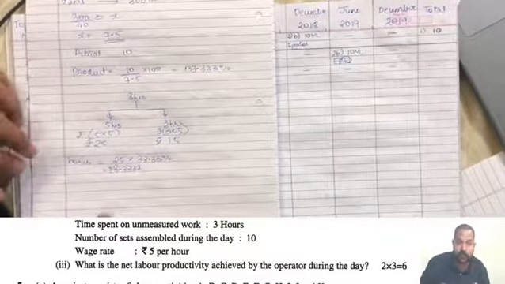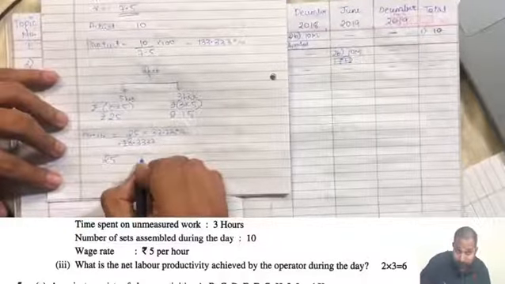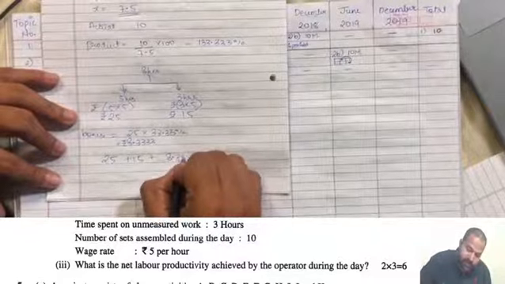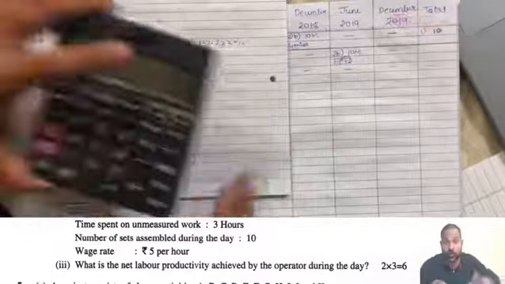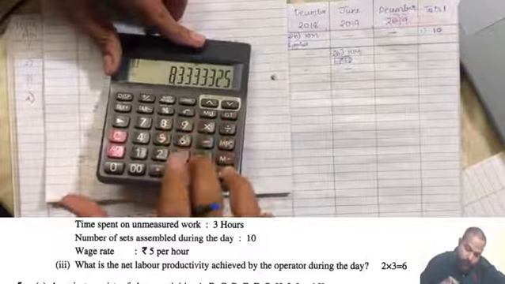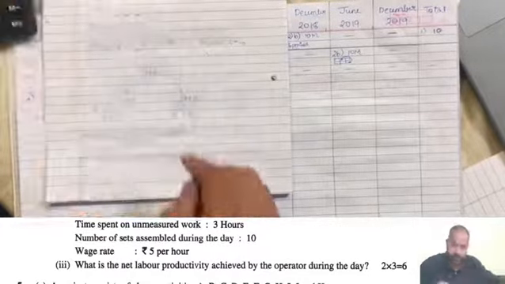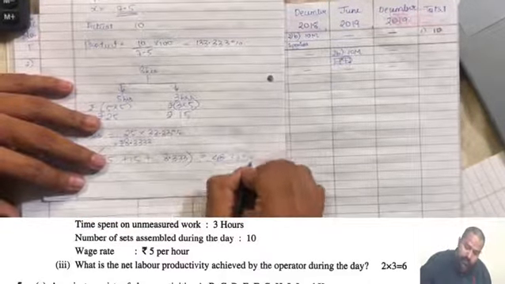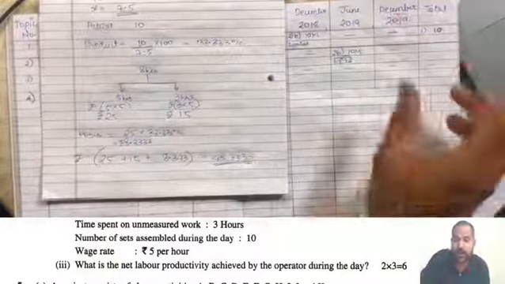So total salary will be 25, which is the measured salary, 15 the unmeasured salary, and the bonus 8.333. So your total salary is a total of 48.3333, and this is your answer. Make sure you make these solutions immediately after the chapter so that you have them ready.